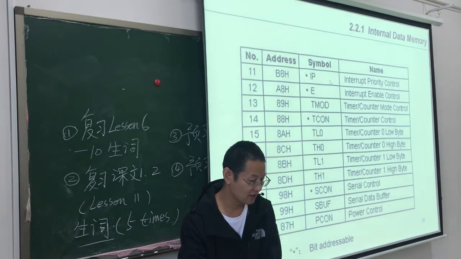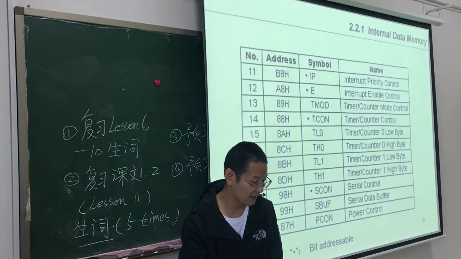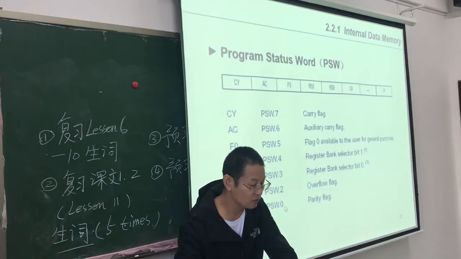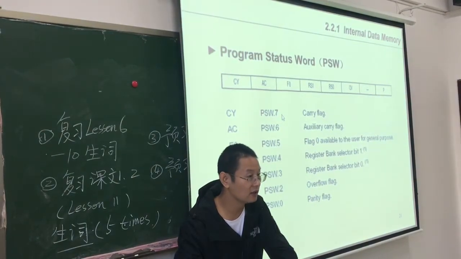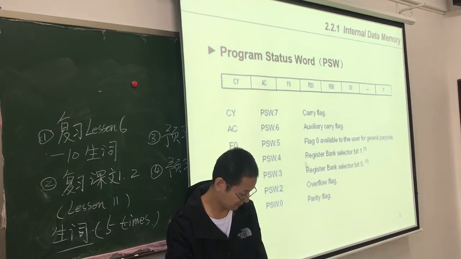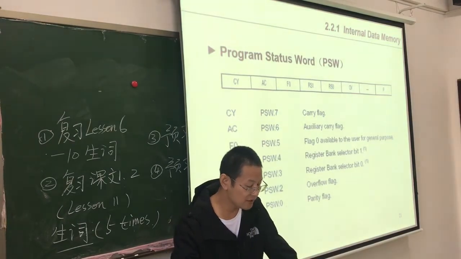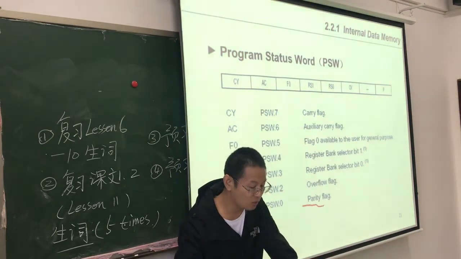Next is PSW. It is bits 0 to 7, and every bit has its own meaning. Bit 0, parity flag.